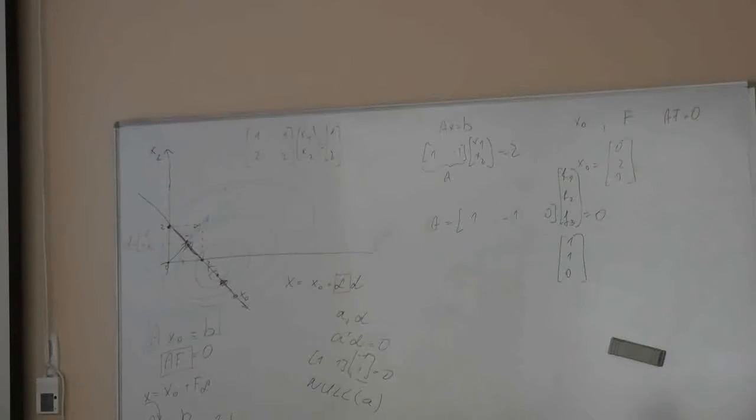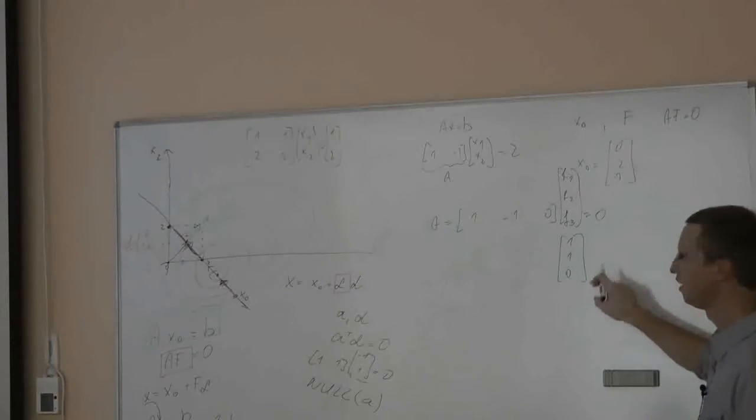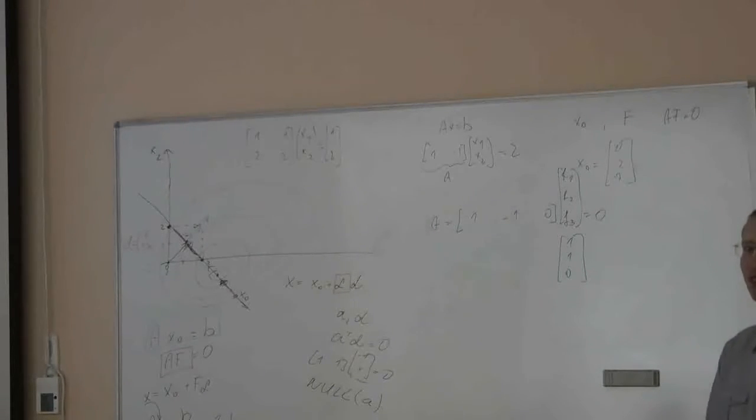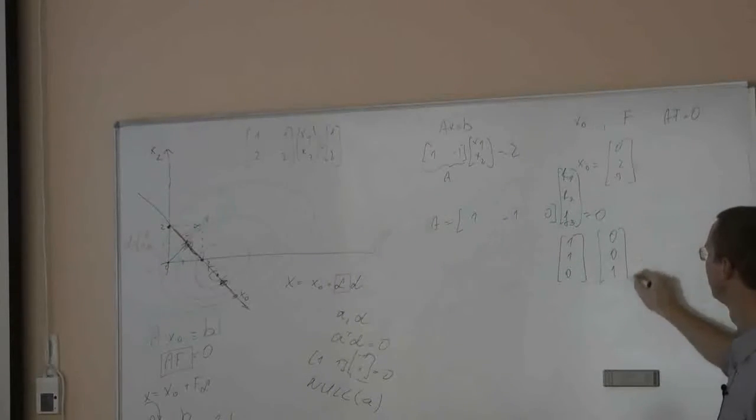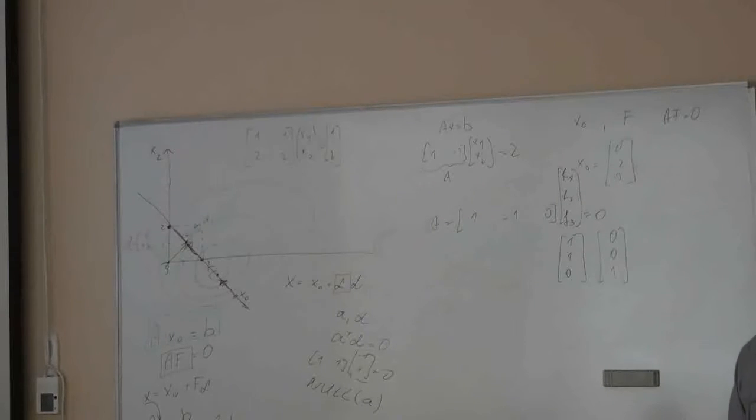There is something more. There is one more fundamental vector. Essentially, the other one we are looking for is 0, 0, 1, because this one will also parameterize x3.